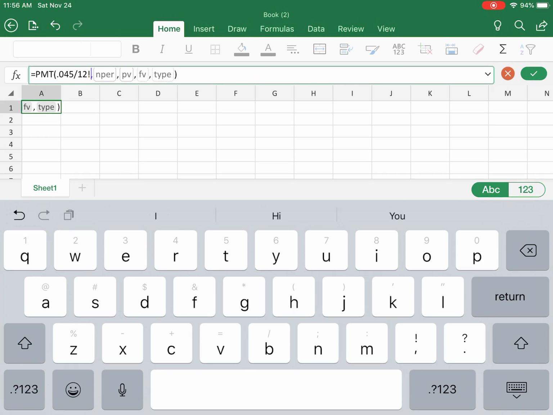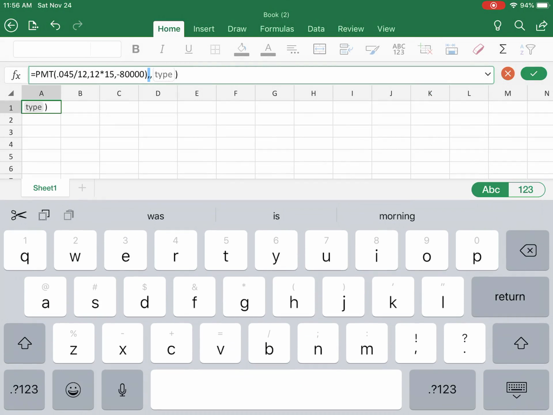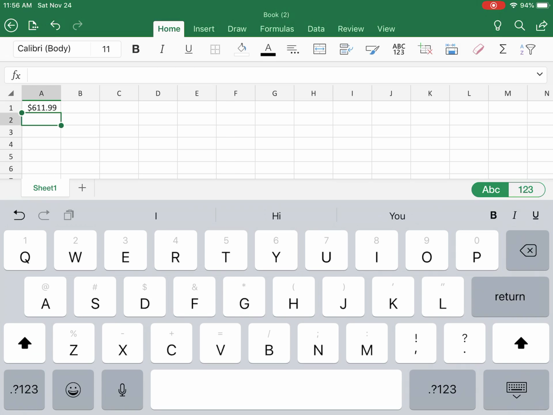And then we put a comma. And then we're going to put 12 times 15 years, and then we put a comma, and then we're going to put our little negative sign, and then she was borrowing $80,000, and then we'll close our parenthesis, and let's see if it likes how I did this. Oh yeah, it's doing something weird here. Okay, something like that. Okay, so there's my formula there.